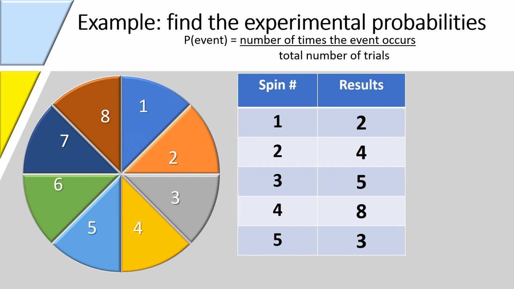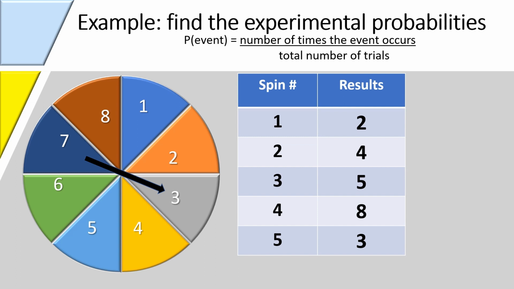So I recorded my 4. I spun it again, and it stopped on 5. So I recorded the number 5. One more spin, a couple more spins. I did it again, and it stopped on the number 8. And then when I spun it one last time, I got a 3.